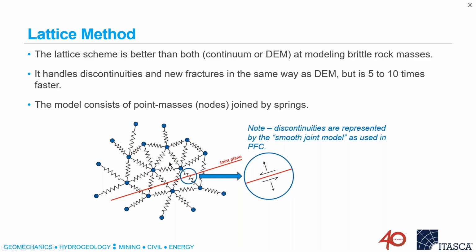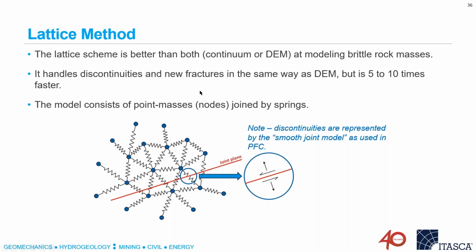So you assemble this model with these springs and these nodes, and you put very many of them because the equations for movement of these nodes is, again, Newton's second law of motion. The springs are very simple calculations, and you produce the fracturing behavior as these springs start to break.